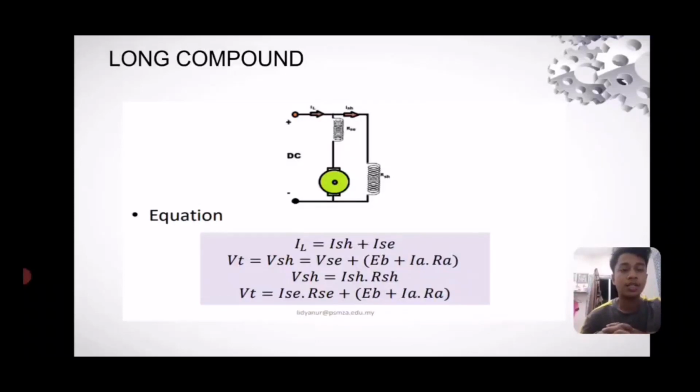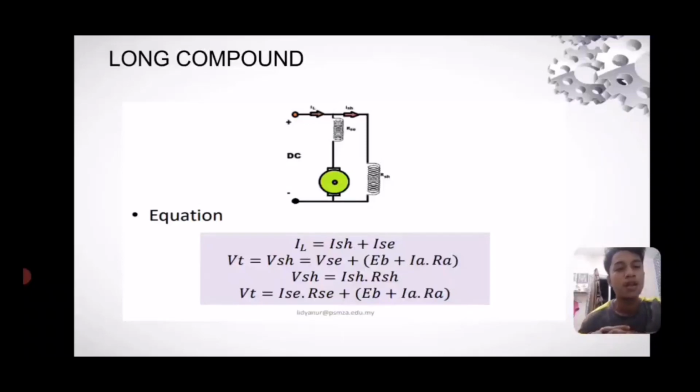Line current equals shunt current plus series current. 2. VT equals shunt voltage equals series voltage plus back EMF plus armature current multiplied by armature resistance.